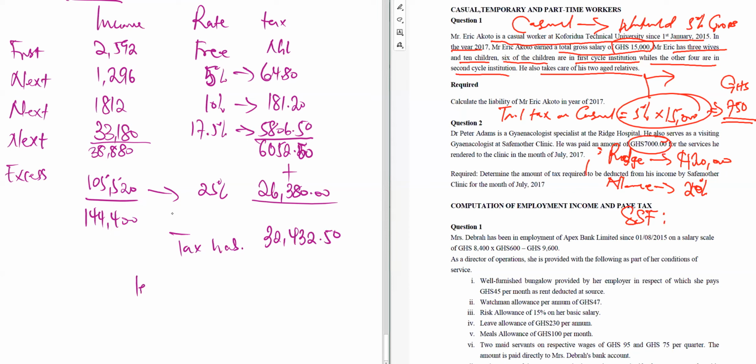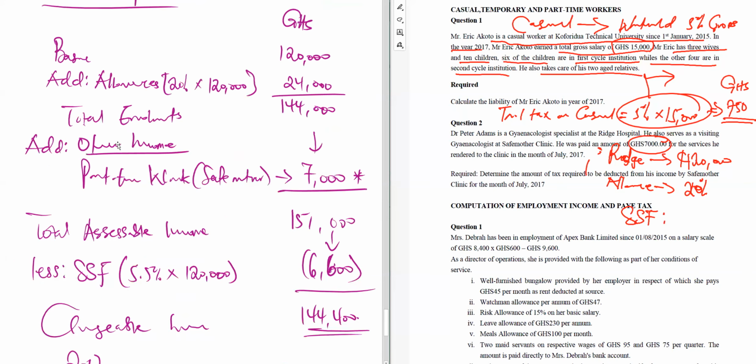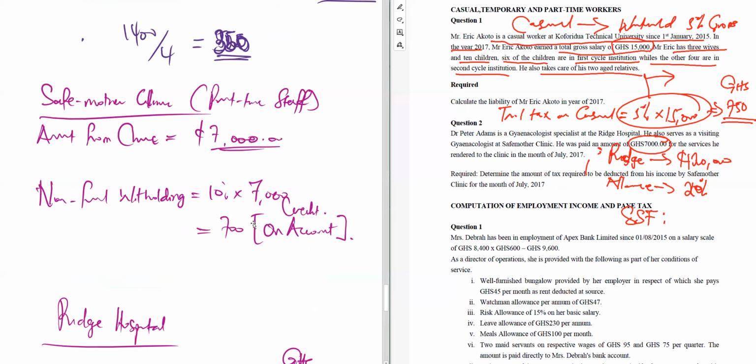So we can now less tax paid, which is the tax he paid when he was at Safe Mother. Do you remember? Because this is on account of his income. So at Safe Mother, how much tax did he pay? Let's go up. When he was at Safe Mother, he paid tax of 700 cedis, right?